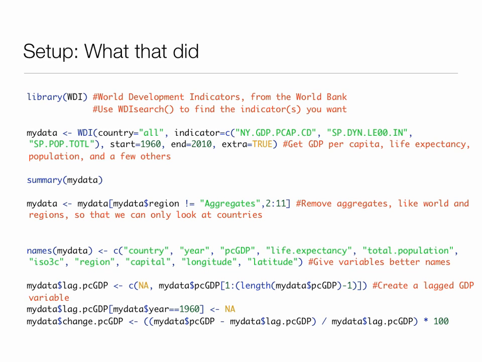So what we do then at the bottom is we use current GDP and the lag of GDP to create a variable that reflects change in GDP, or percent change in GDP from one year to the next.